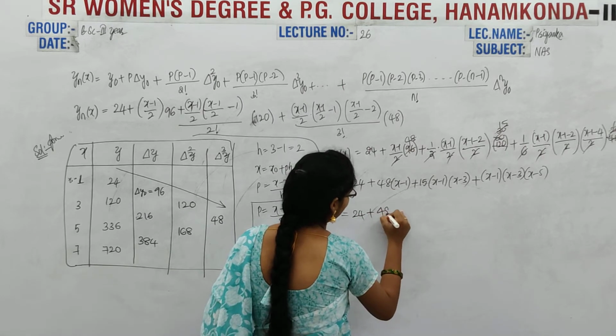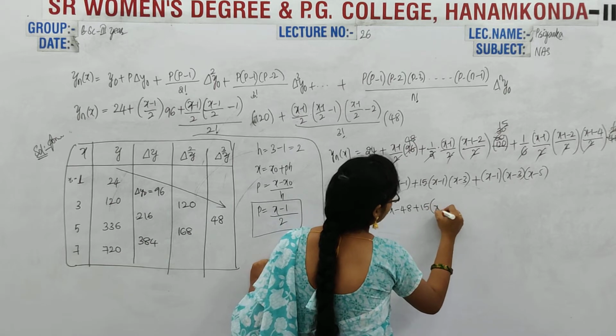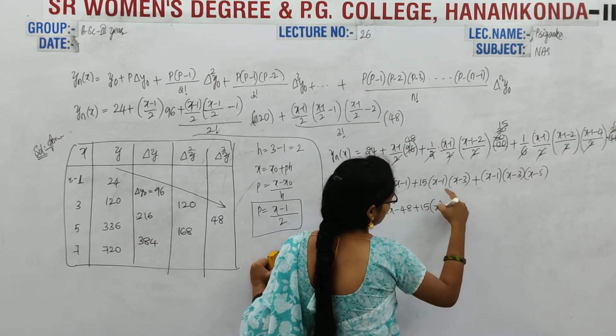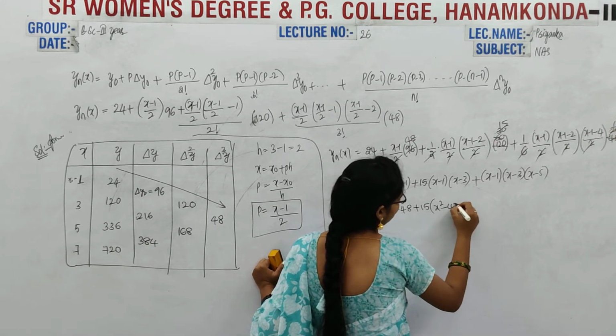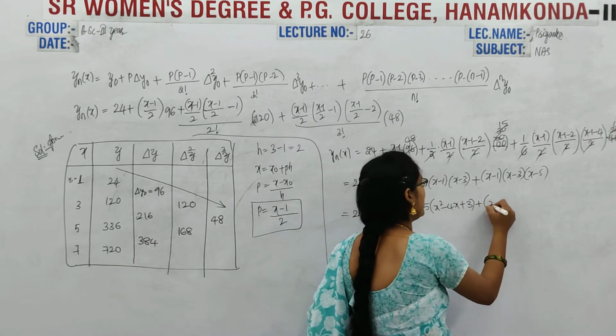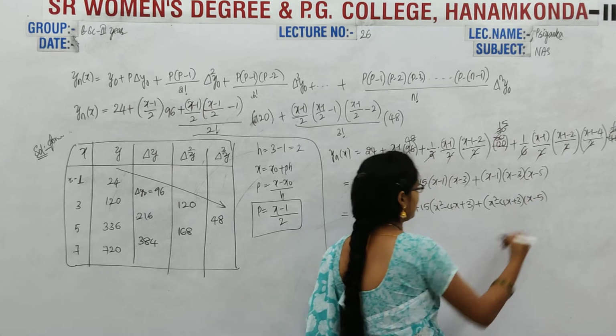Now it is 48x minus 48 plus 15 of x square minus 3x minus x, that means minus 4x plus 3, plus x square minus 4x plus 3 into x minus 5.